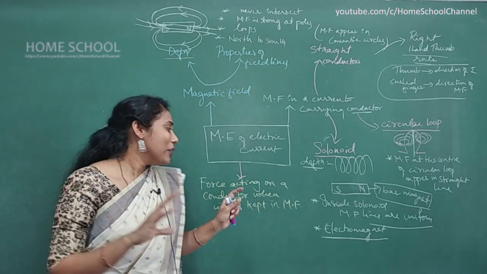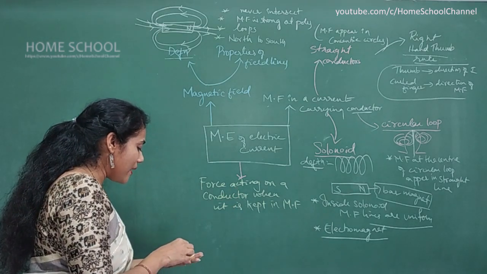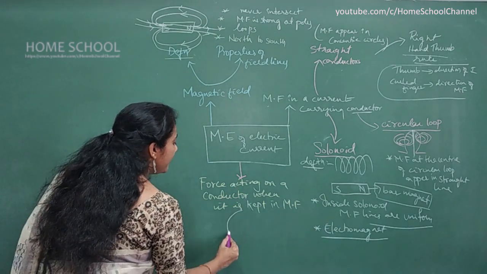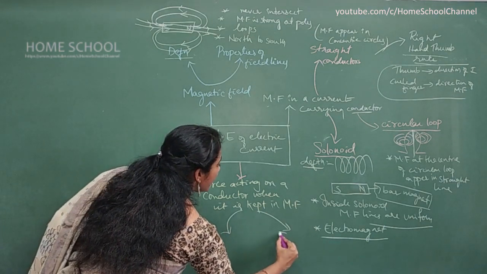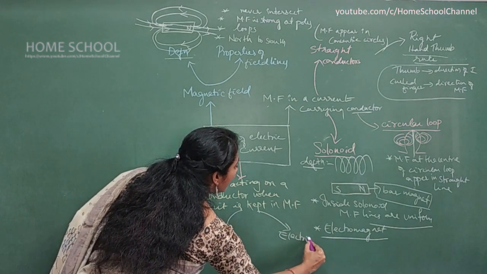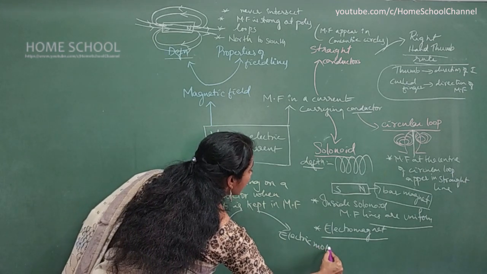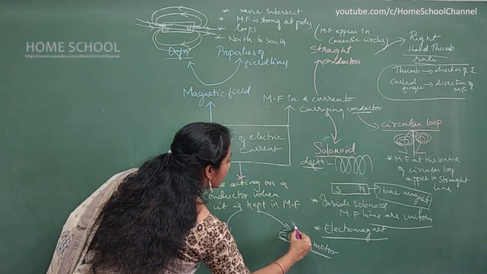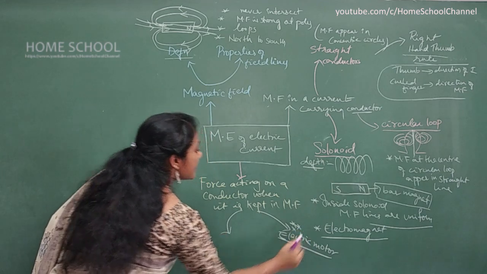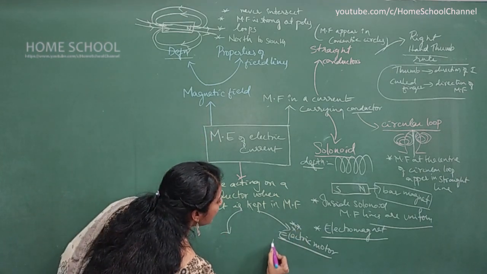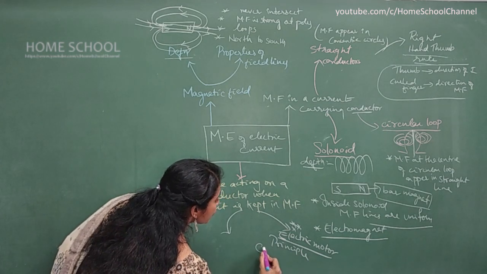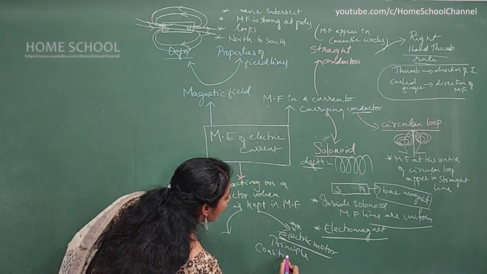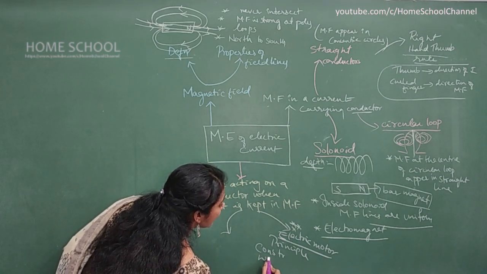Okay, so here you study something very, very important, you study about the electric motor. You have to remember the principle of electric motor, the construction of electric motor, and the working.